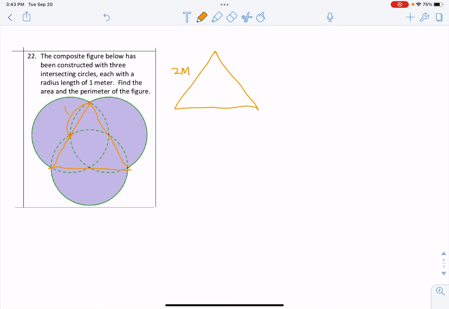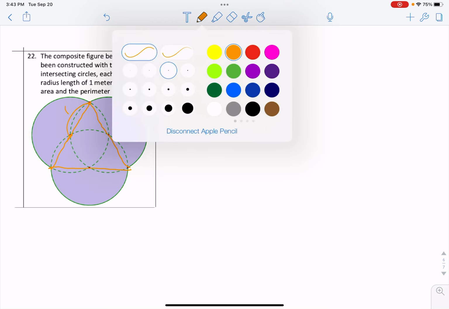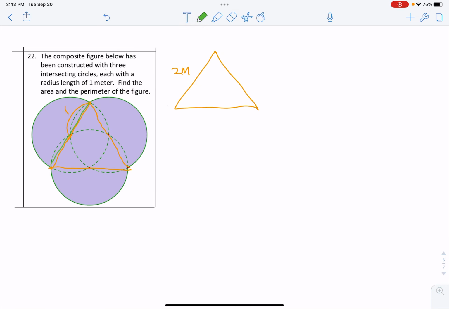So to find the area, you can see the half of the circle parts here, and here, and here. So you see 3 of the half circle parts plus the equilateral triangle will be the total area.